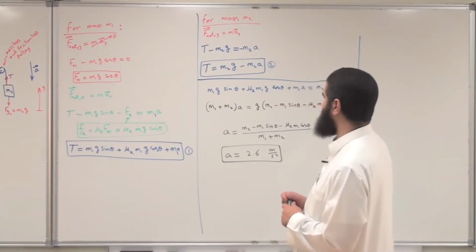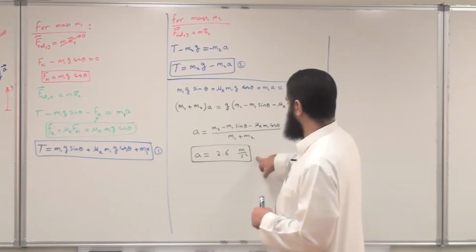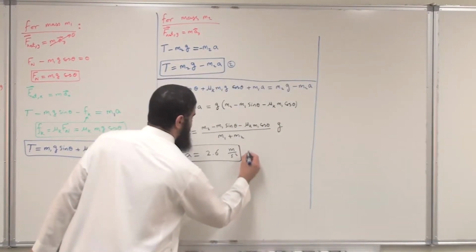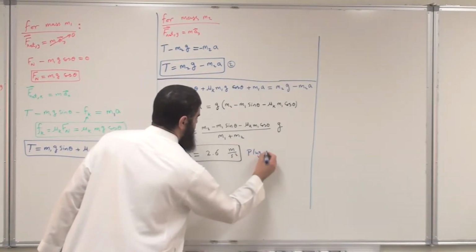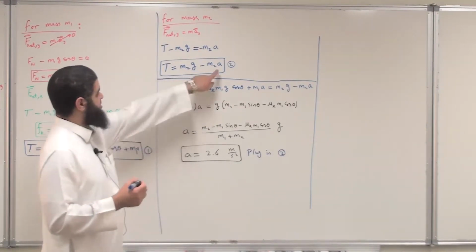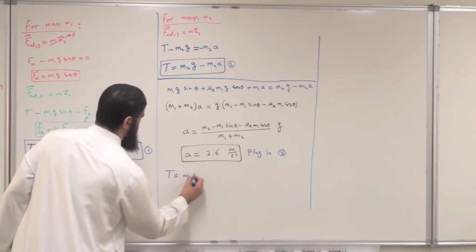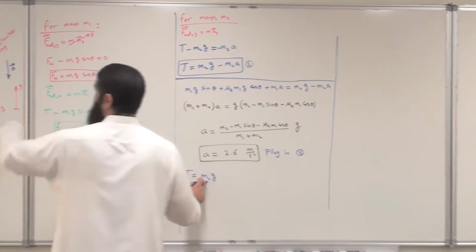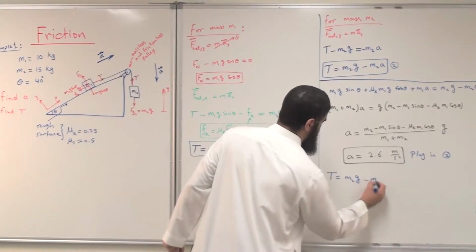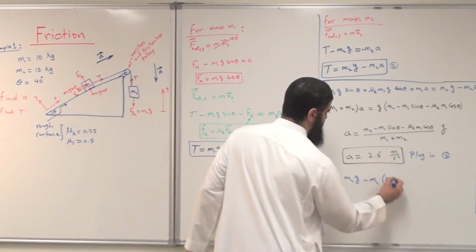Let us go to part 2, find the tension. I know the acceleration. I want to get the tension, so I can plug the value in equation number 2. I take this value and put it there. So the tension will be m2 g, m2, which is 15 kilograms, multiplied by 9.8, minus m2, which is 15 kilograms, multiplied by a, which is 2.6.